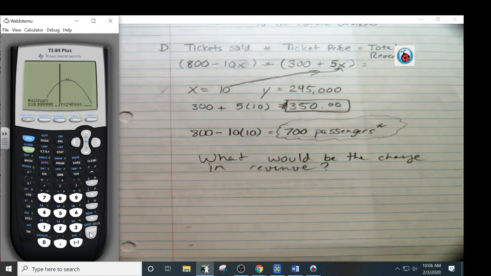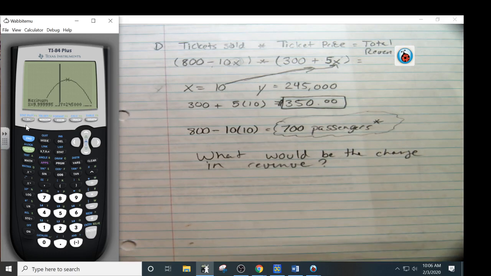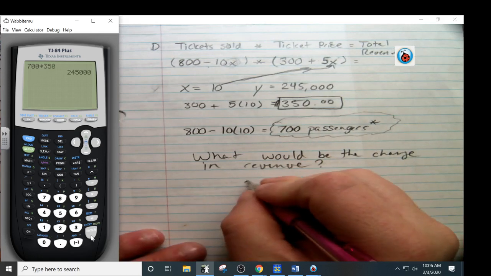Guys, how would you do that? What will be the change in revenue? Okay, so let's do that. So 700 times 350. That's 245,000. Okay? So 245,000.